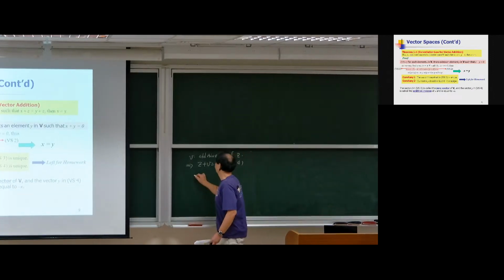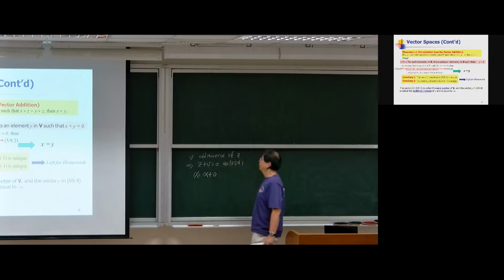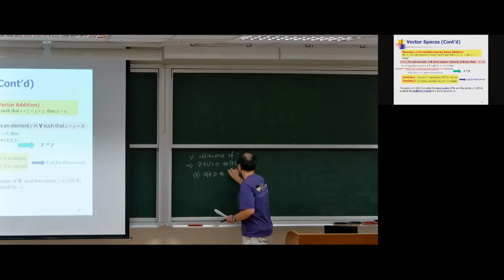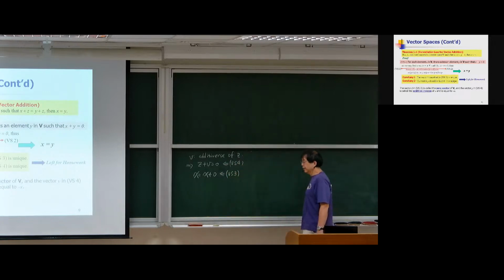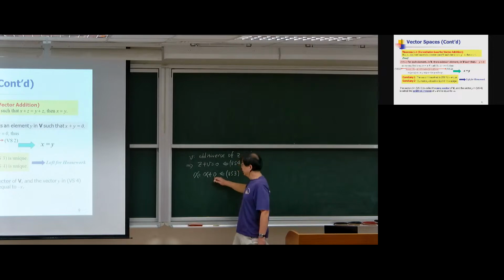So here I can have x equals x plus 0. This equation is based on VS3. Then I can replace 0 by z plus v, so I can write x plus (z plus v). This is from VS4.